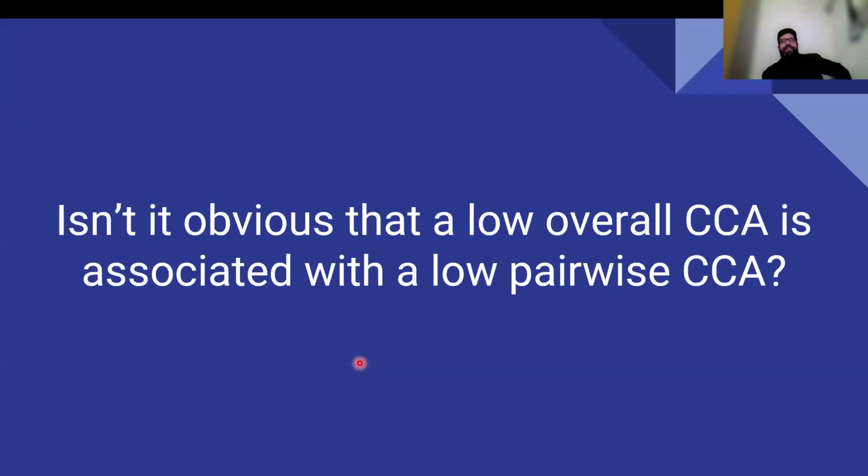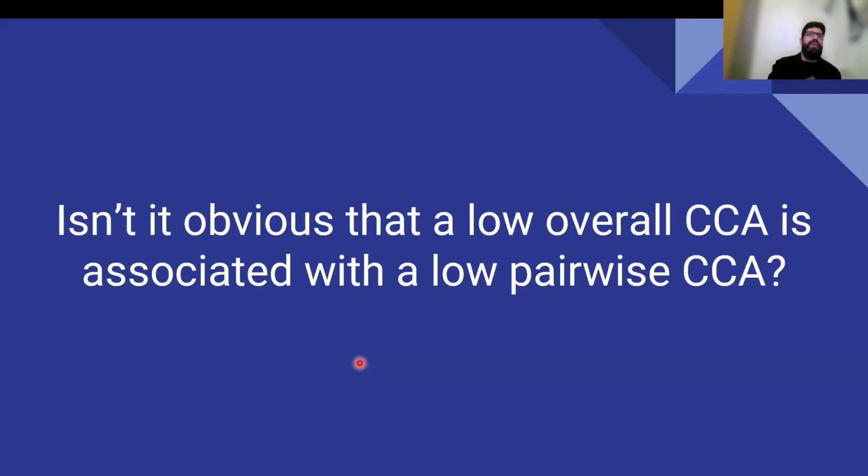But isn't this obvious? If there's a low overall CCA, it should be a low pairwise CCA. I mean, if I have a 50% overall CCA for the whole matrix, and I do this pair-by-pair approach, it is kind of obvious that they will all be high, right?